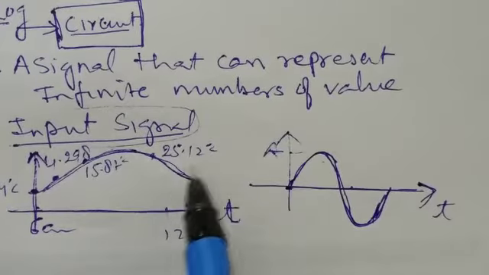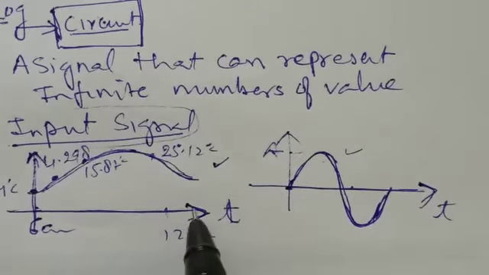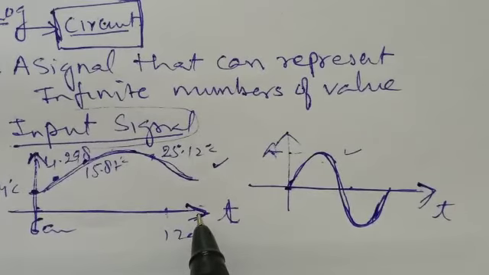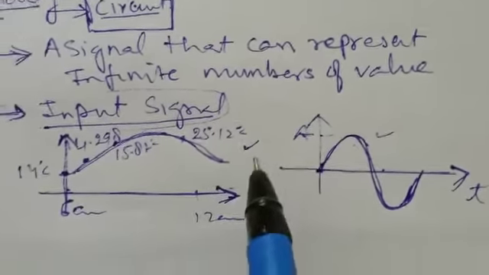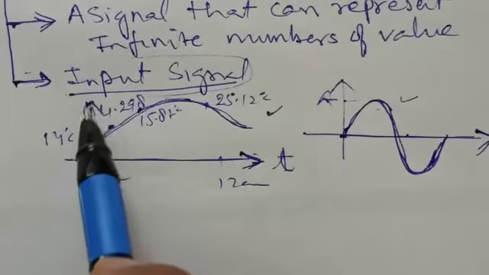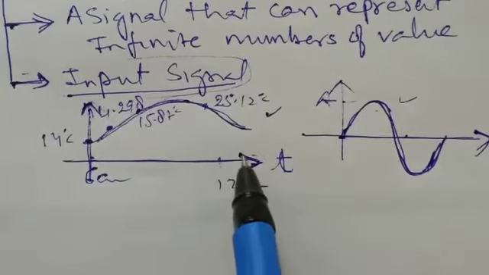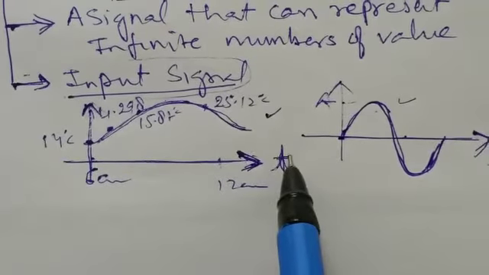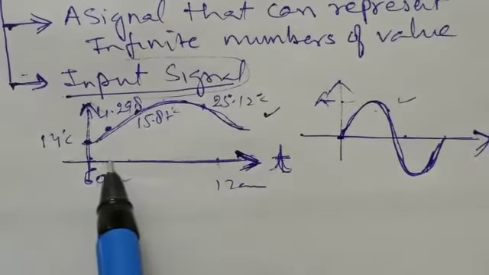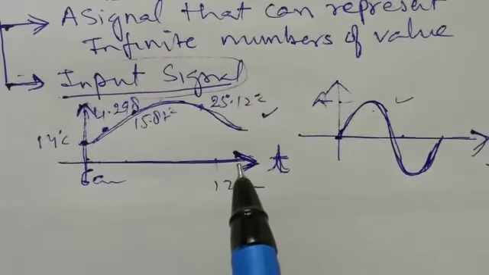And because these two signals are defined for every moment of time, that's why these signals are also called continuous signals. So with respect to value in amplitude, it will be called analog, and with respect to time, as these are defined for every moment of time, it will be called continuous.